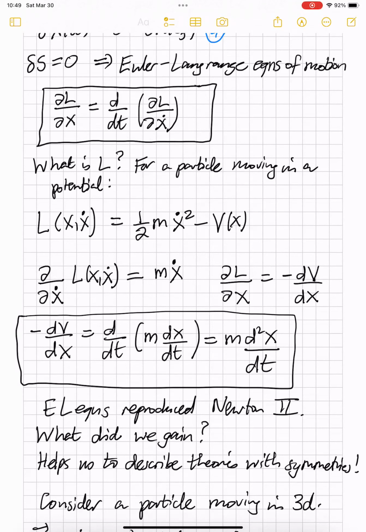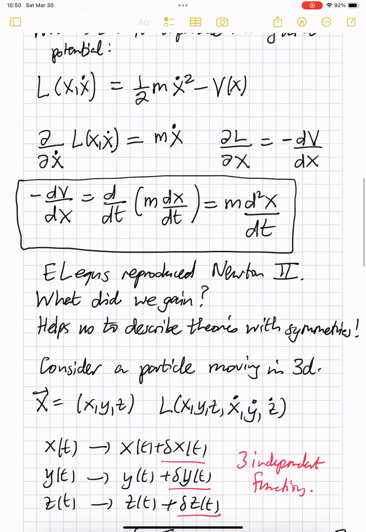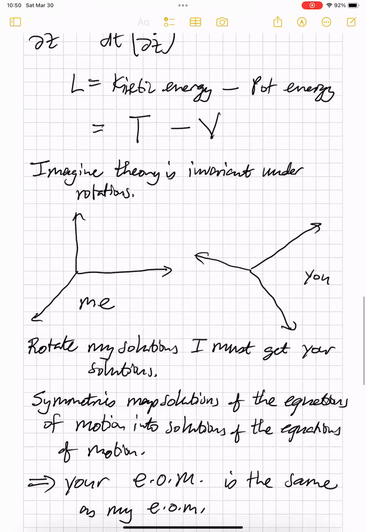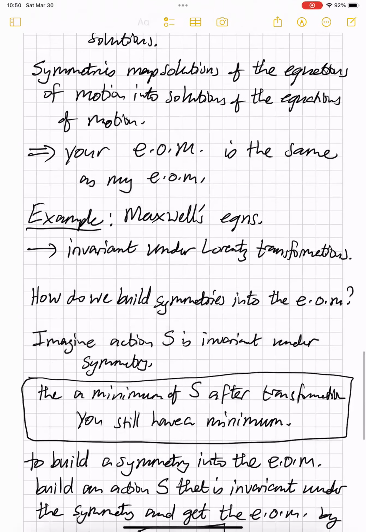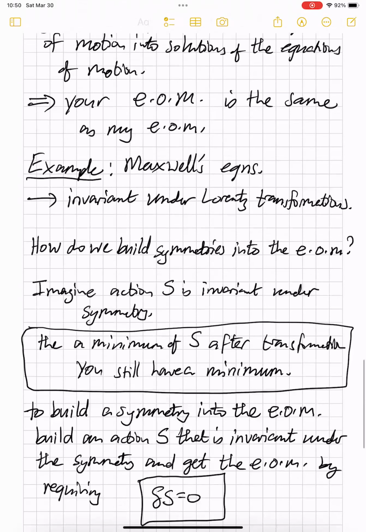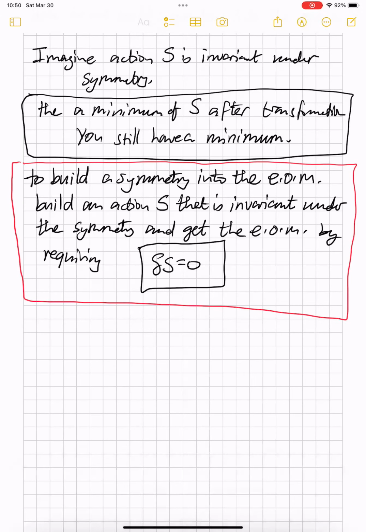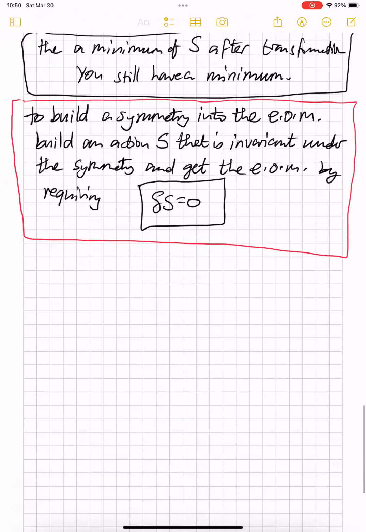So what did we gain? Why is this useful? Well, what the action allows us to do is build equations of motion that have a specific symmetry. So here is the very important conclusion. To build a symmetry into the equations of motion, build an action that is invariant under that symmetry, and get the equation of motion by requiring delta S is equal to 0. Because the action is invariant under the symmetry, a minimum of the action will be mapped into a minimum of the action.